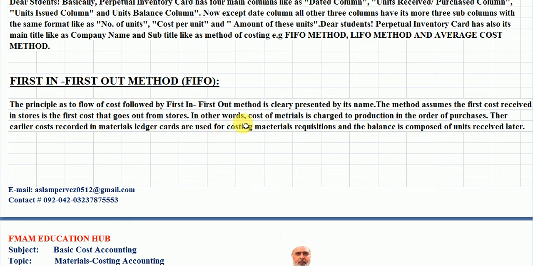In other words, cost of materials is charged to production in the order of purchases. The earlier costs recorded in materials ledger cards are used for costing materials issued, and the balance is composed of units received later.